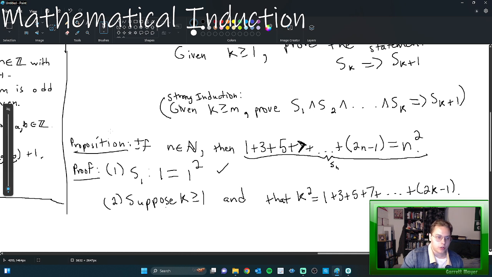Now what we want to do is evaluate this statement when we add a term. So 1 plus 3 plus 5 plus 7 plus ... plus. So we're assuming Sk here. We're assuming k is greater than or equal to 1, and Sk is true. So next we move on. Oh, sorry.